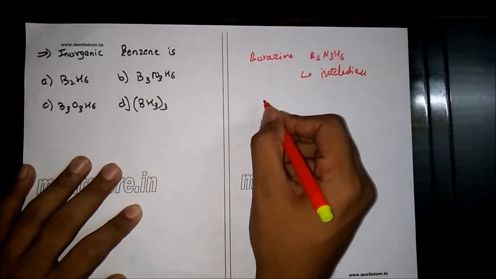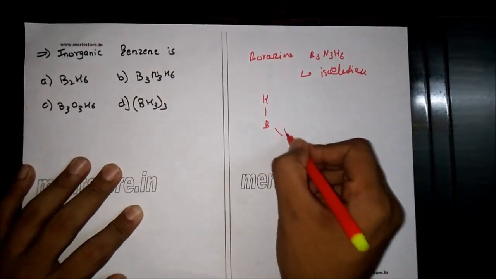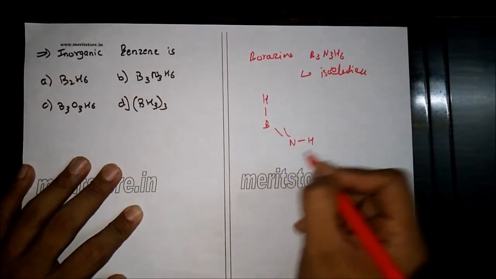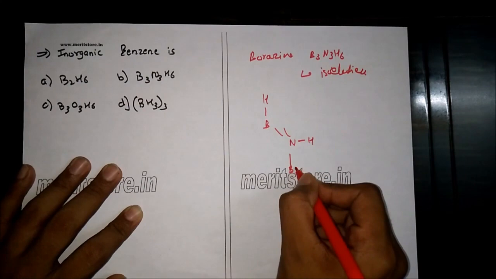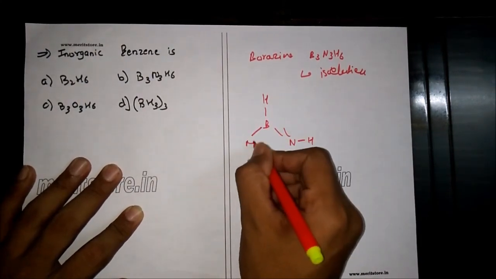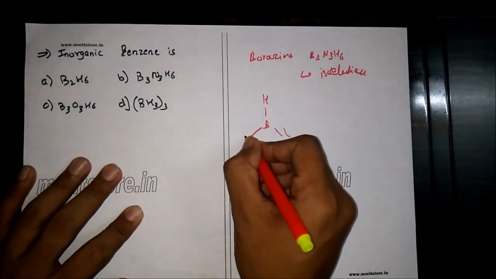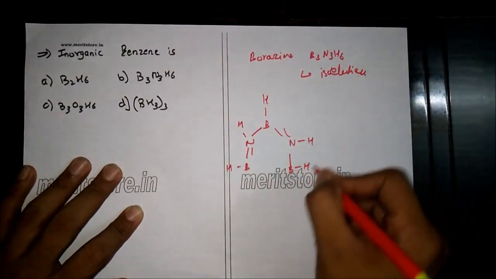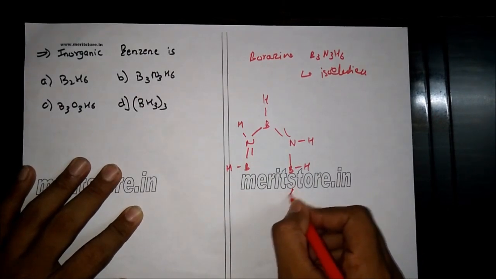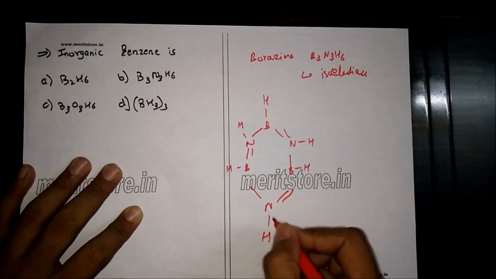Now here is the structure of borazine, which is H, B, double bond, N, H, B, H. Here N, double bond, B, here H, NH, and then it forms a double bond with another nitrogen atom, and here H. This is the structure of borazine.